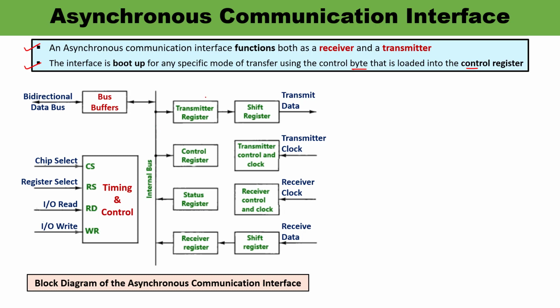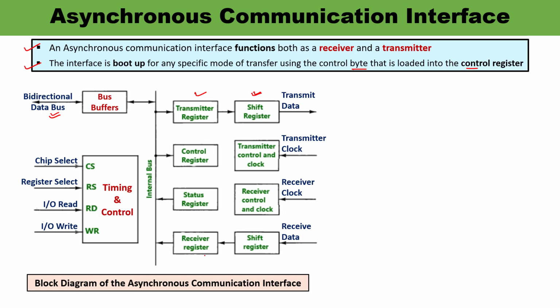This is the transmitter register. It accepts a data byte from the CPU with the help of the data buses. The byte available in the transmitter register is shifted to the shift register for the serial transmission.